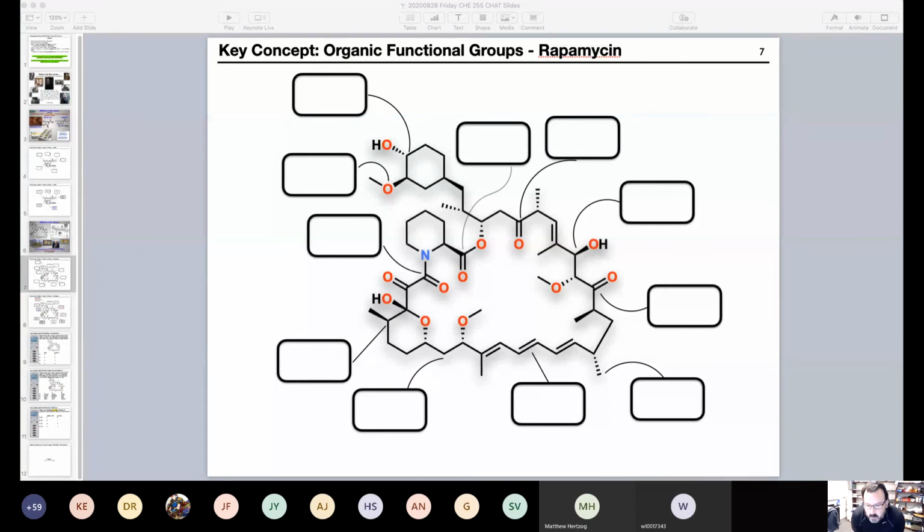So yes, you're counting the number of bonds, not the number of heteroatoms. And so the reason I teach it this way, as Mac asks, yes, you're just counting heteroatoms. You don't count carbon or hydrogen.